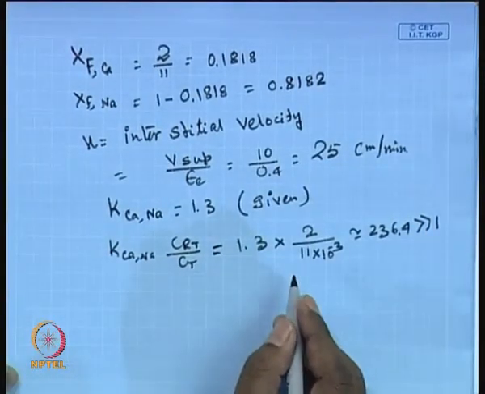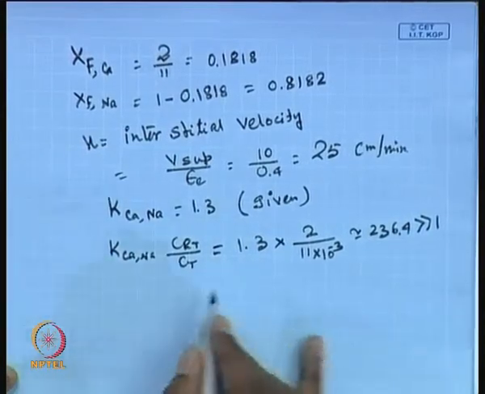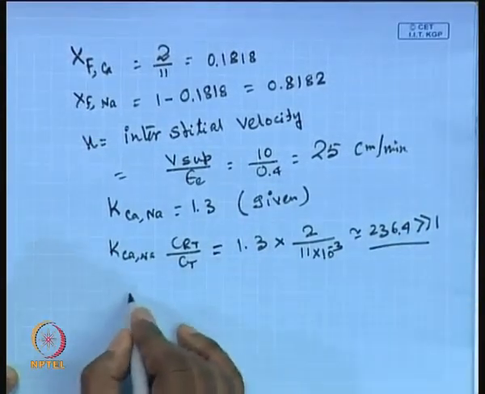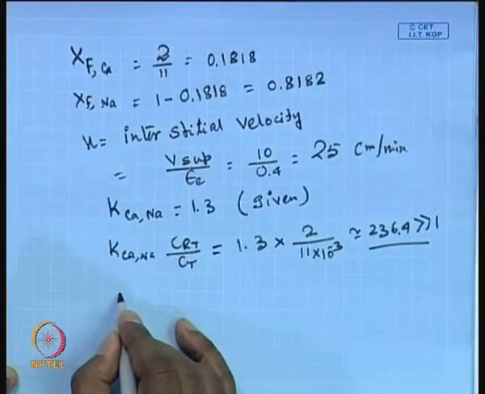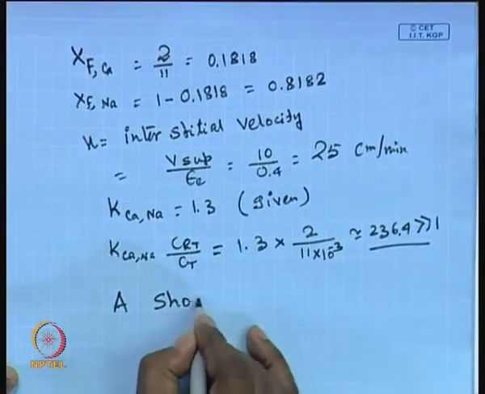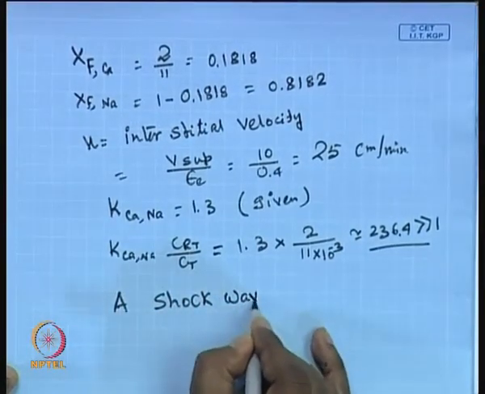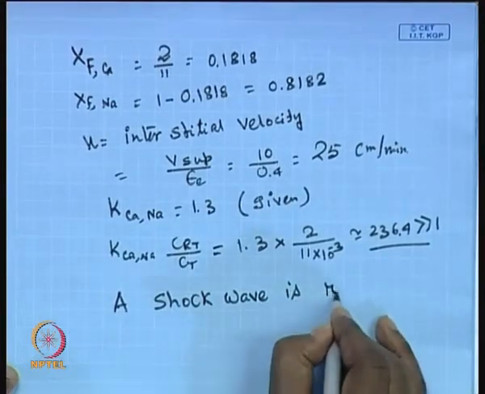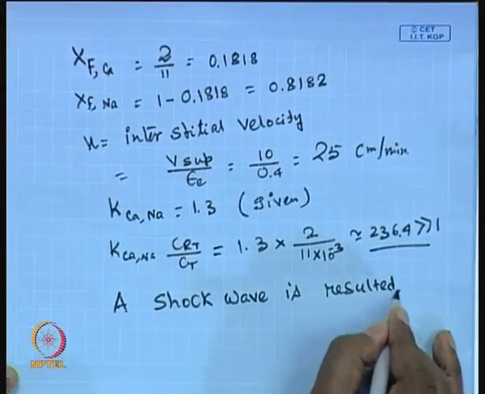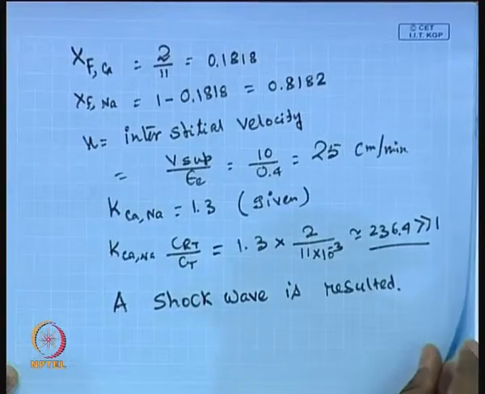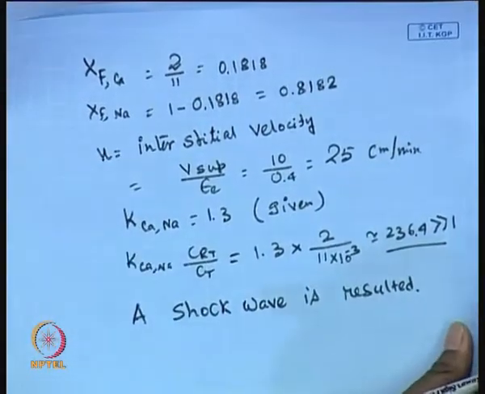Okay. So, we are talking about a shock wave, so based on this criteria we come to the conclusion that a shock wave is resulted. Okay. Now, let us do the further calculations.